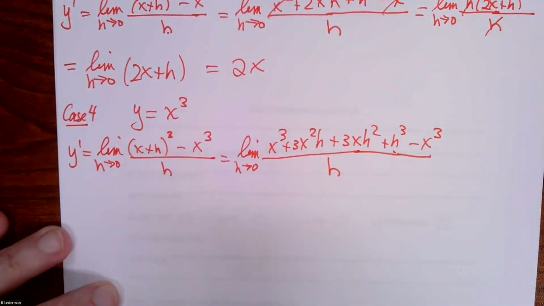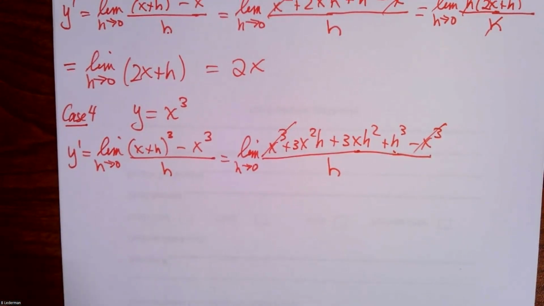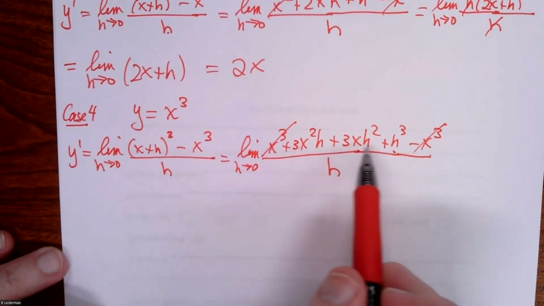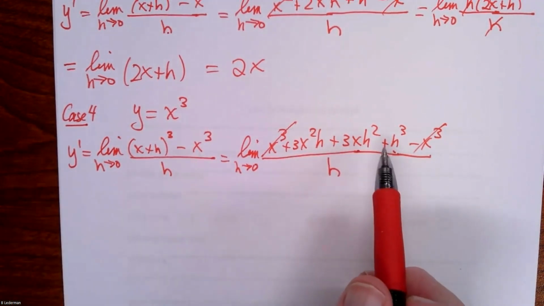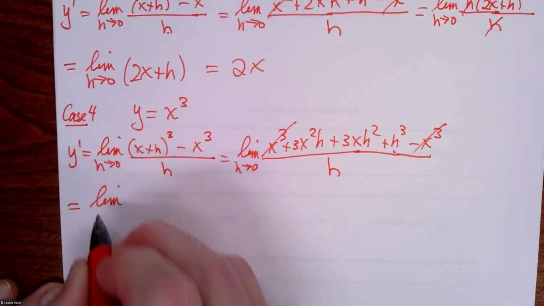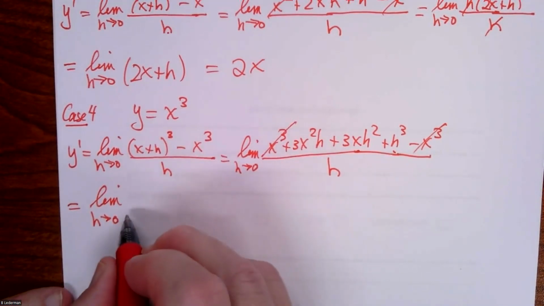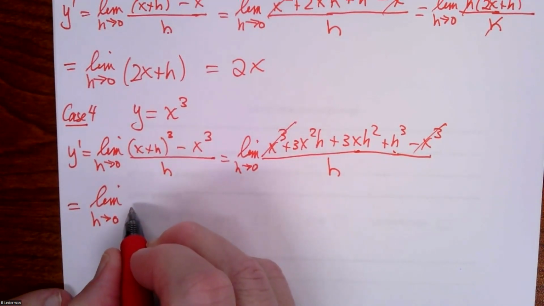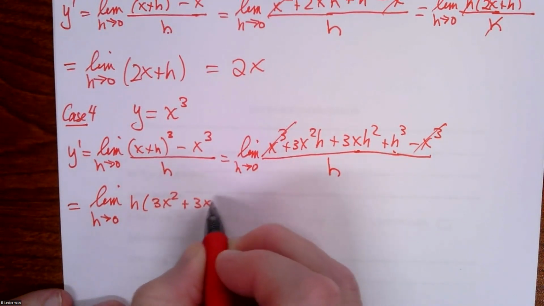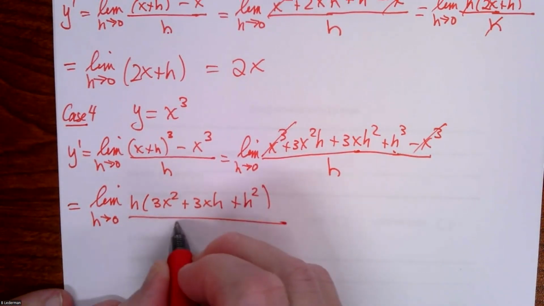But notice that I conveniently have a plus x cubed and a minus x cubed. Now I'm going to do something similar to what I did up above in the previous case. I'm going to factor out an h on top because I'm able to do that. And this is now going to be equal to the limit as h goes to 0 of h times 3x squared plus 3xh plus h squared, over h.